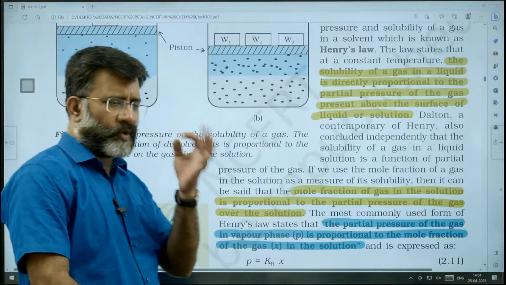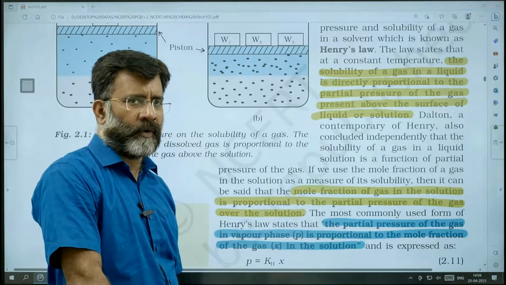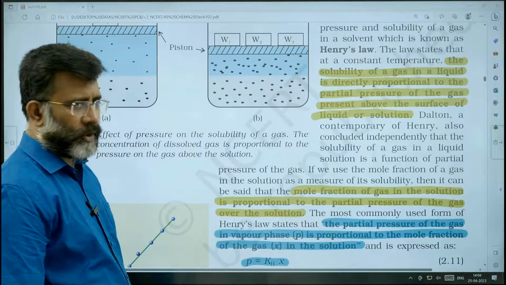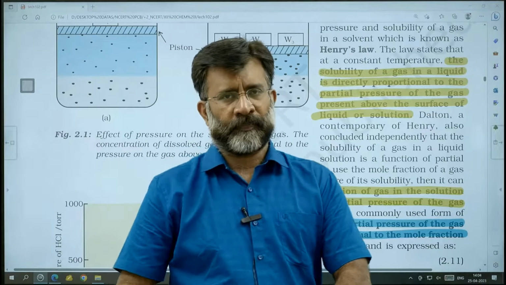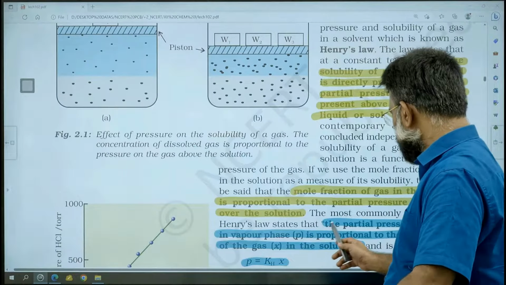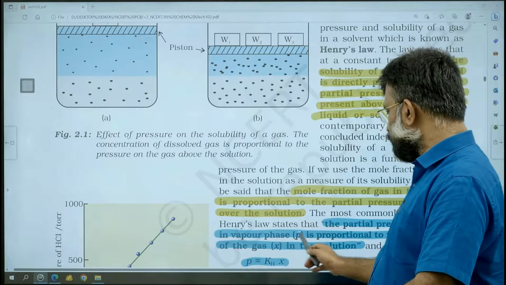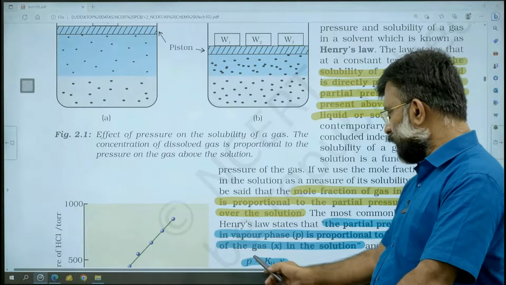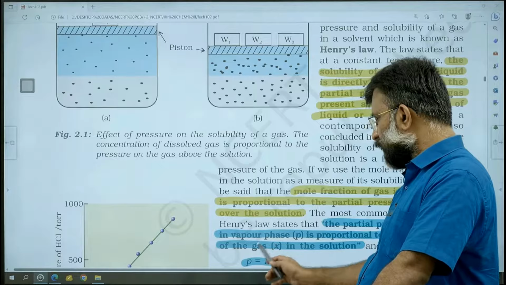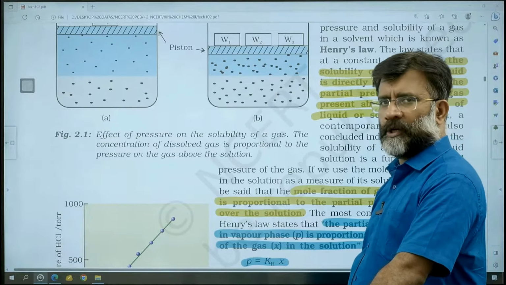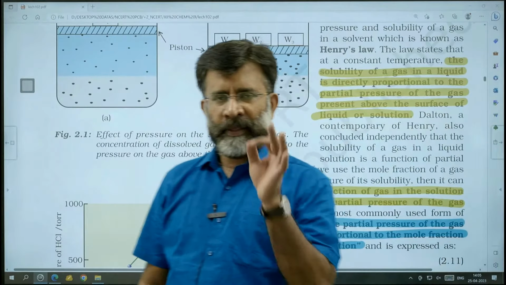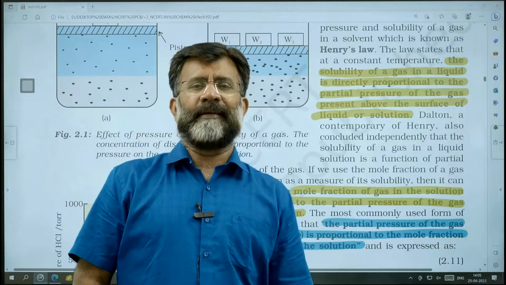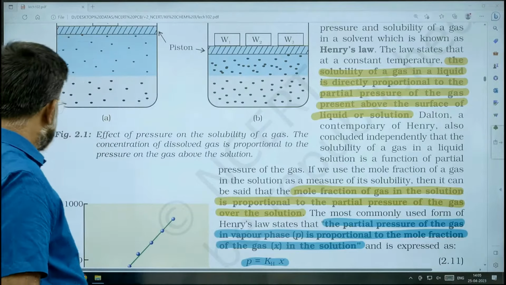That is the most commonly encountered statement of Henry's law, with which we have the expression P equal to KH into X. The partial pressure of the gas in the vapor phase, P, is proportional to the mole fraction of the gas in the solution, X, and P is equal to KH into X. KH is called Henry's law constant.